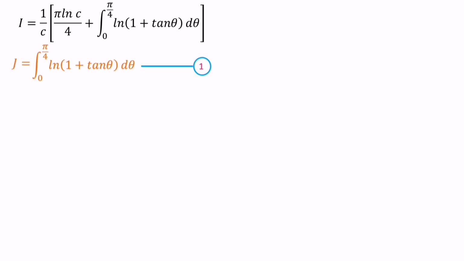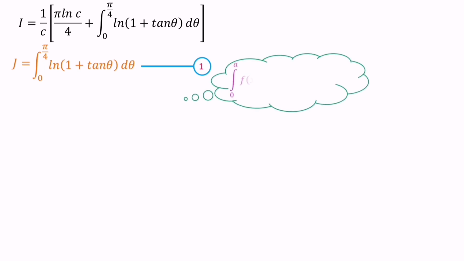We know integral 0 to a f(x) equals integral 0 to a f(a minus x). In this question, f(x) is ln 1 plus tan theta. Instead of theta, we can substitute upper limit minus variable. In this case, instead of theta, we can write pi over 4 minus theta.